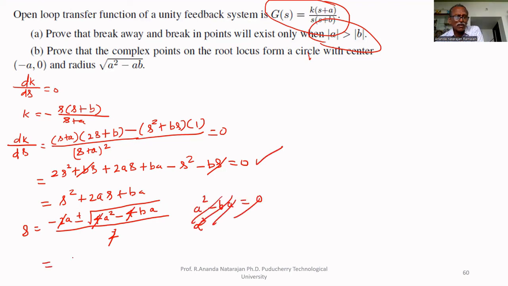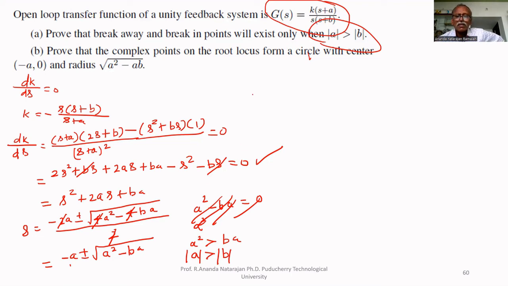Therefore, what we are getting is minus A plus or minus square root of A square minus BA. This will be a real root only when A square is greater than BA, or A is greater than B. Therefore, modulus of A must be greater than modulus of B. Then only it will have real roots.